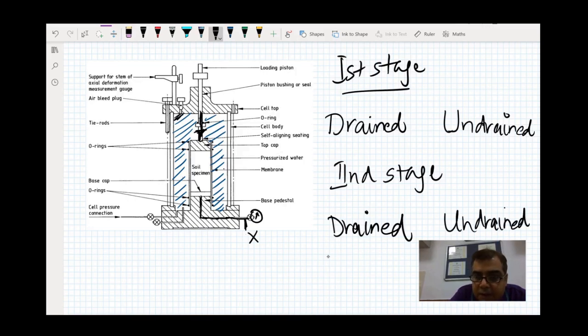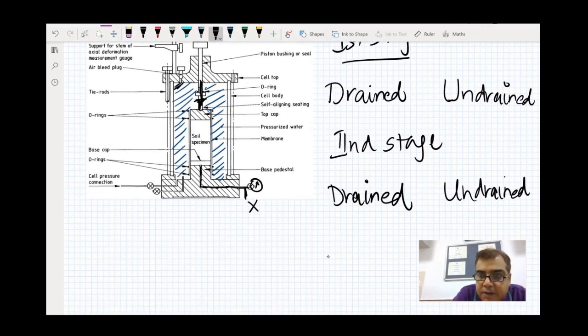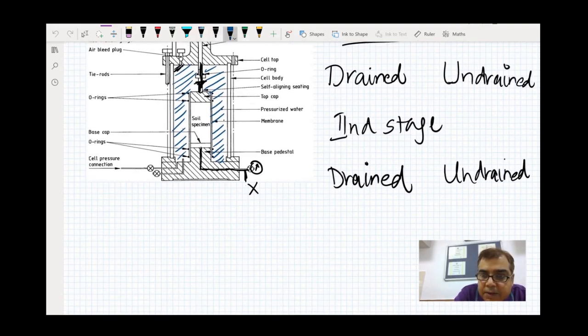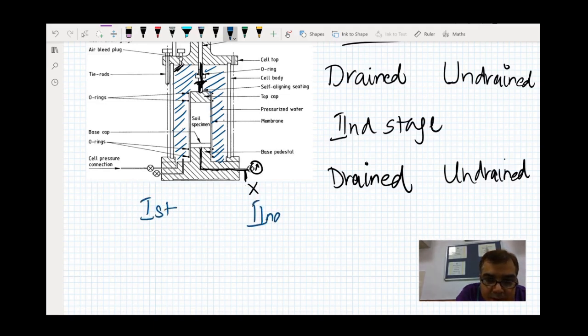This leads us to 4 different kinds of testing scenarios. So if I just copy this, the first testing scenario would be: that's my first stage, and that's my second stage. From the first stage, I have drained, and in the second stage, I have drained again.